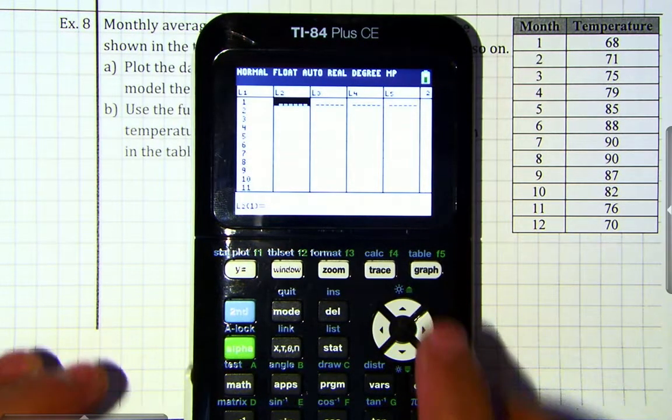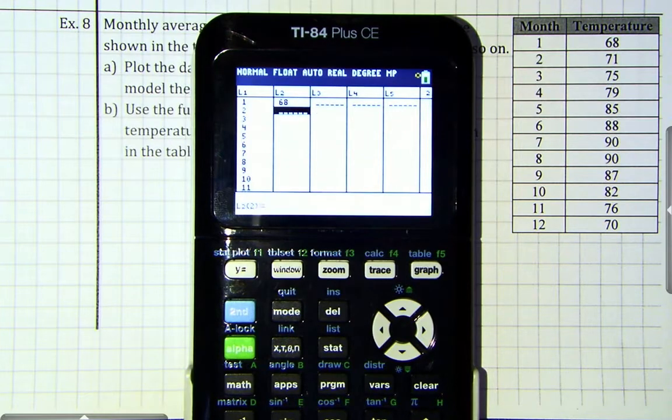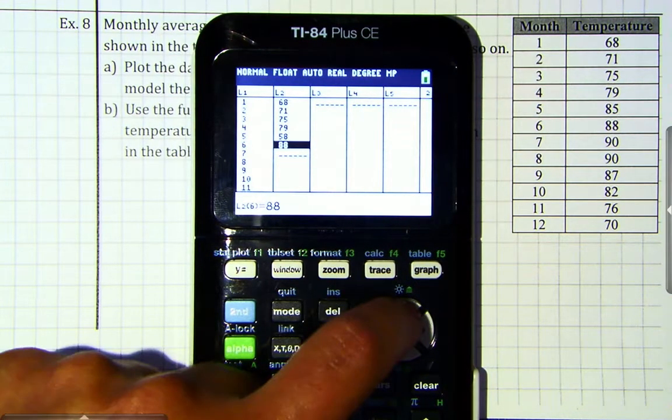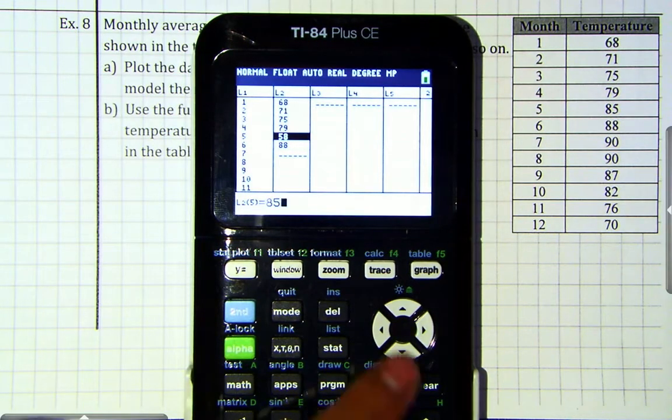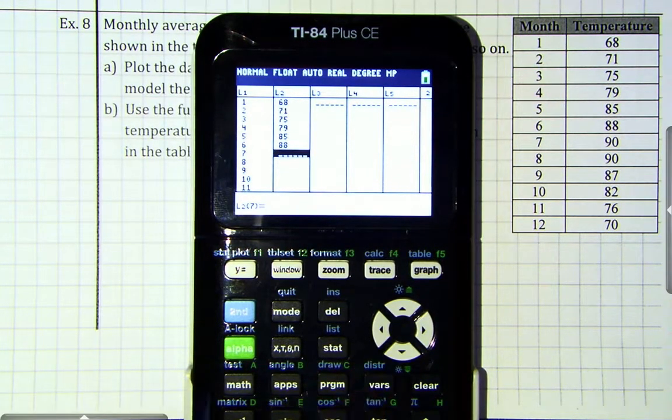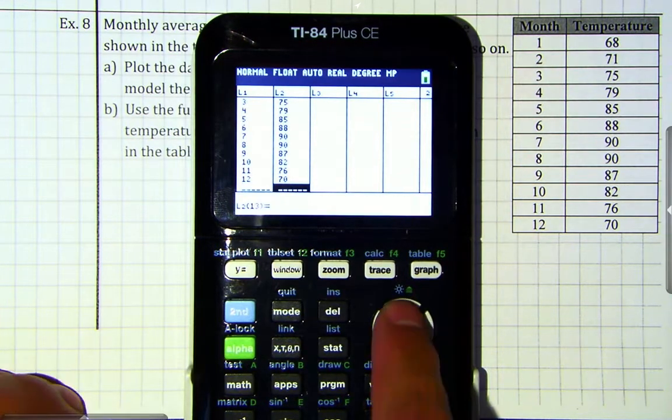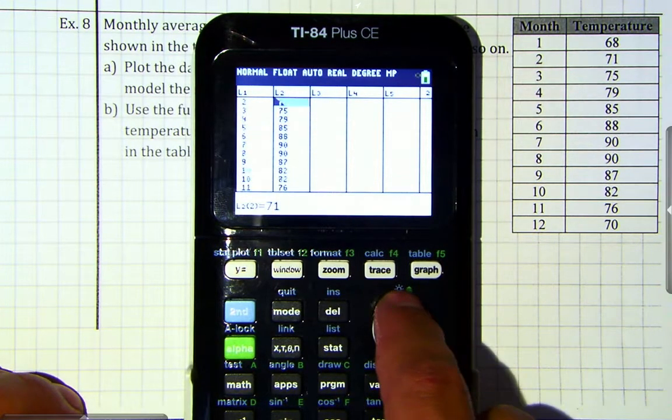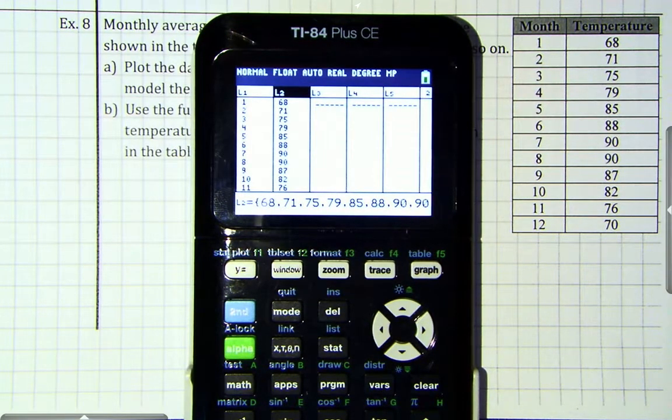Then L2, type in your temperatures for each month. That should be 85. And 70. I should just make sure that I type them in correctly. So now that I have them here, pause if you need more time.